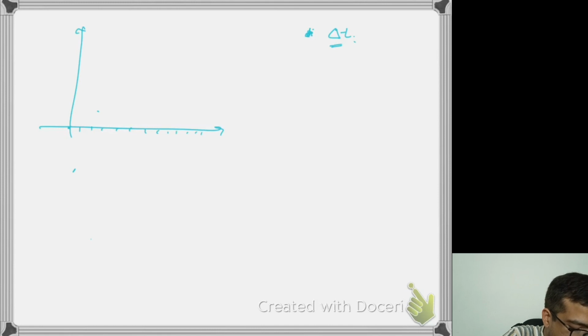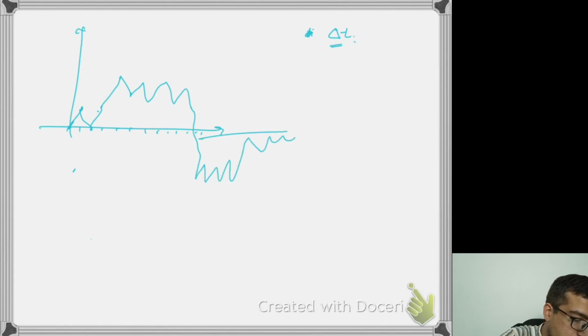Then the process will look as follows: at every time step I sample some random variable normally distributed with mean 0 and variance delta t, and I add it to a cumulative sum. This gives me some sort of cumulative process. It can go in the positive or negative direction, and it's a continuous process, but it doesn't look differentiable, and actually it's not differentiable. So this is how it will look.